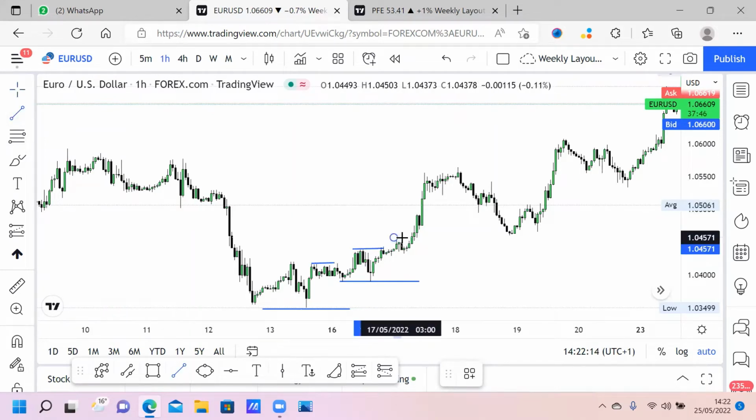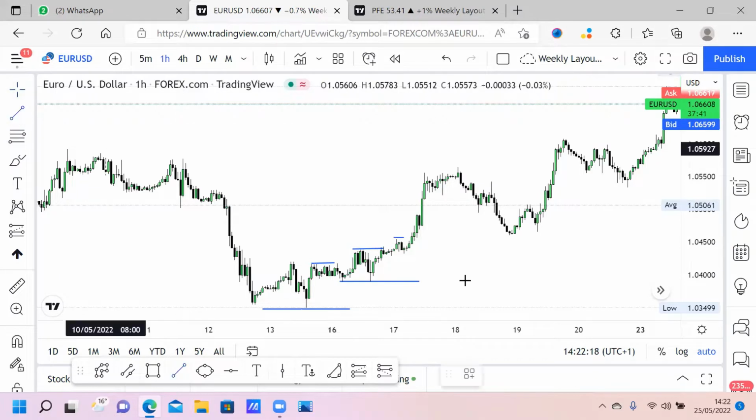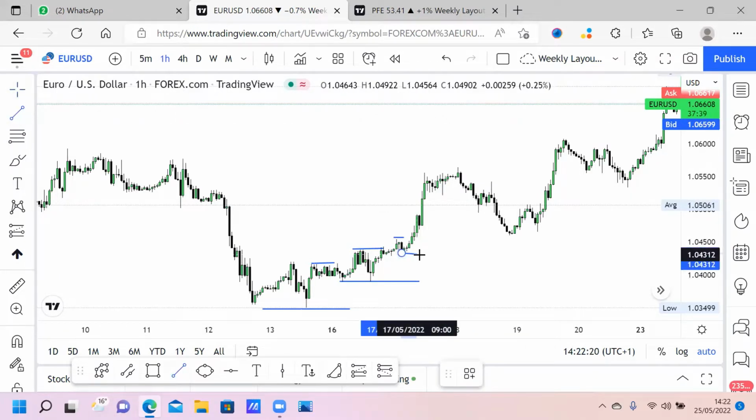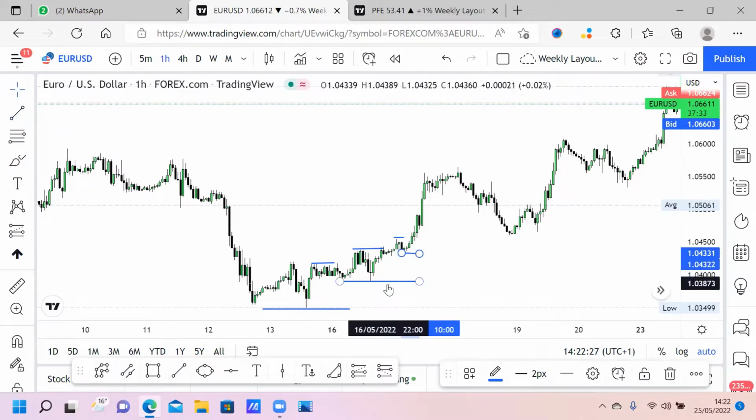Again here, it made a higher high, but when it made a low, it made a higher low, meaning this low is higher than that, and this high is higher than this, and this high is higher than this.